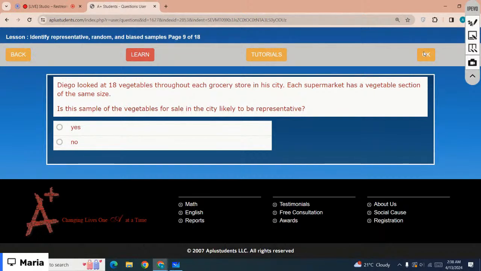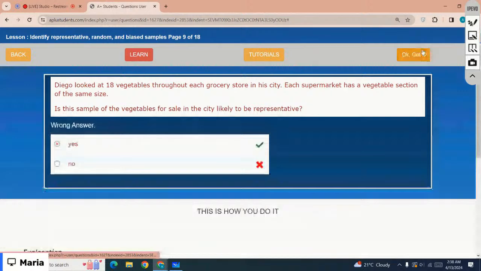The correct option is yes, it is. The correct option is yes.